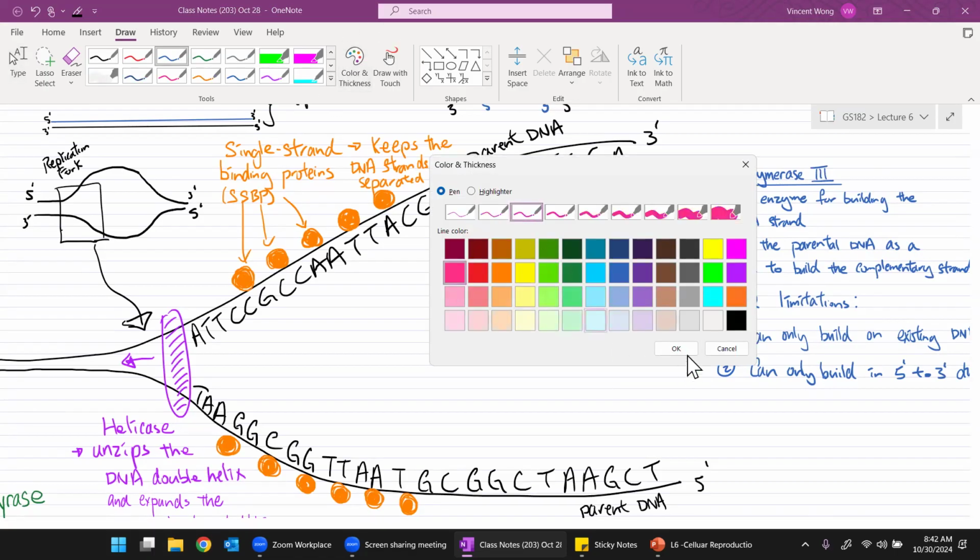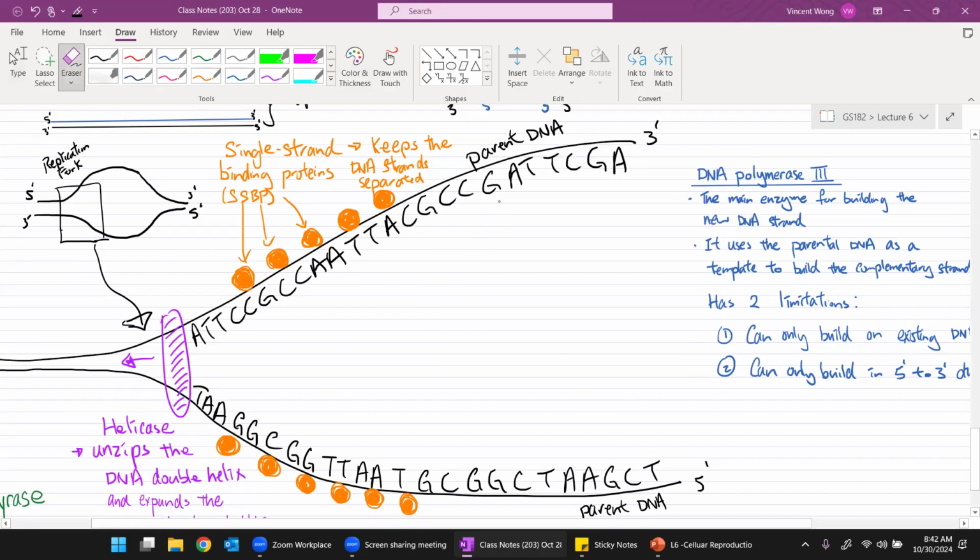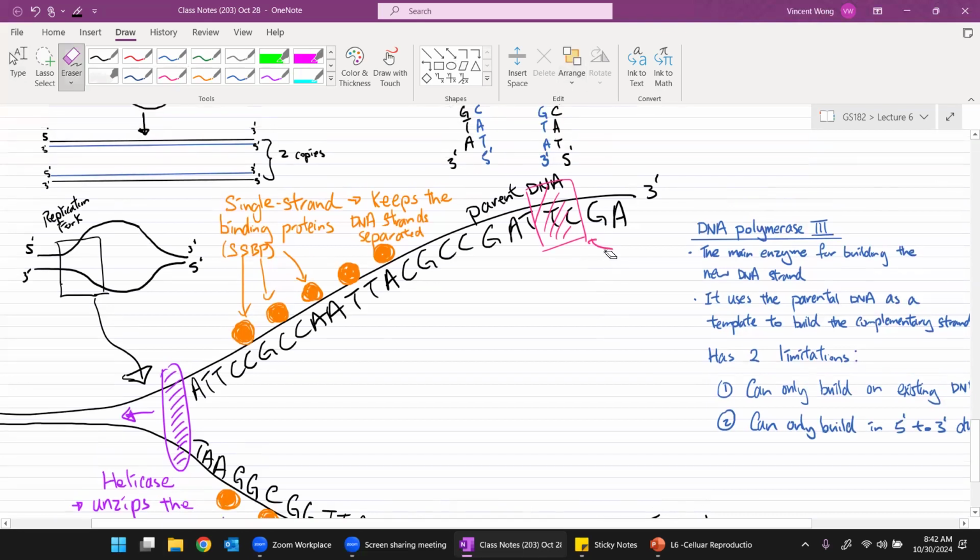Let's use my favorite color. So there's going to be an enzyme here, and you can use whatever shape you want. This enzyme is called primase. Primase.